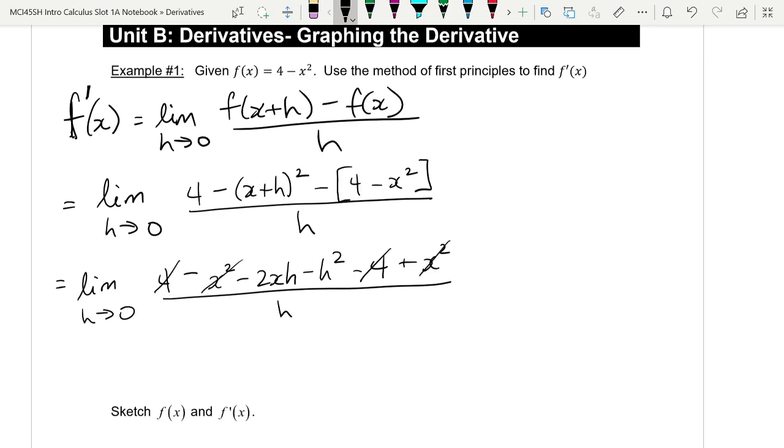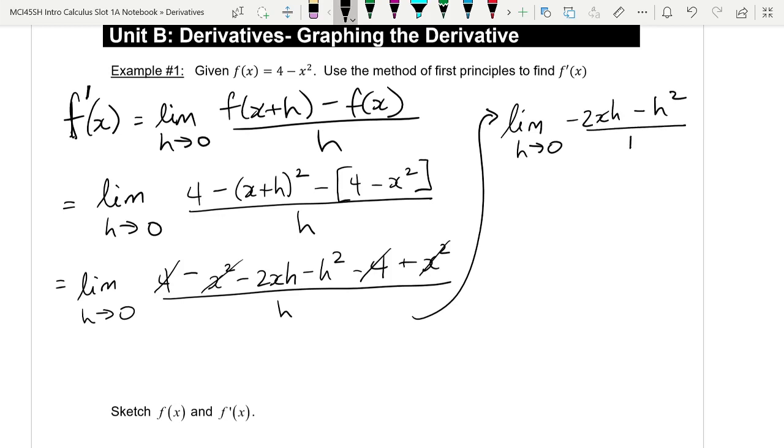And I am left with a numerator that has every term with a factor of h. And that makes life good because now I can factor h out of the numerator and divide it through the denominator.